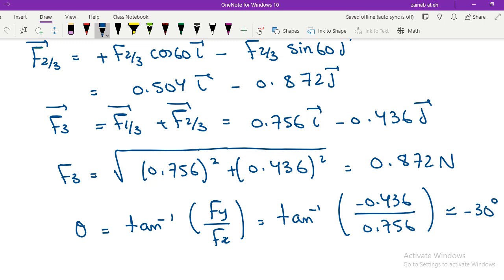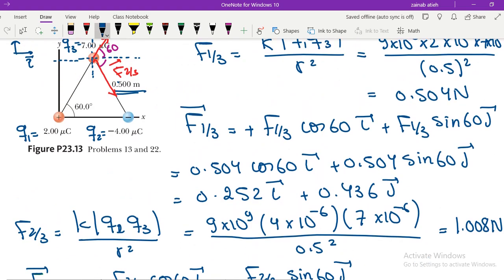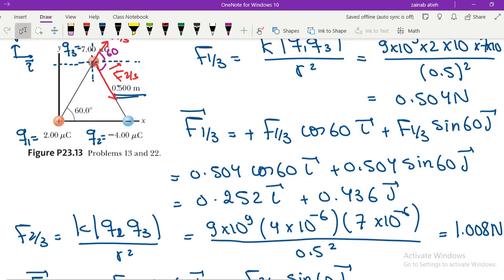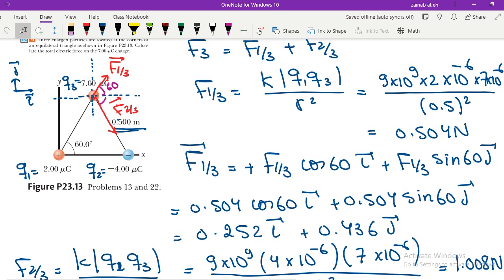So let's look at F3 and the figure. This force is the resultant of these two forces, the two forces that I have already drawn in red, both acting on Q3. So I want to add these two forces. I complete the parallelogram like this and I draw, in green, F3, the resultant force acting on Q3.